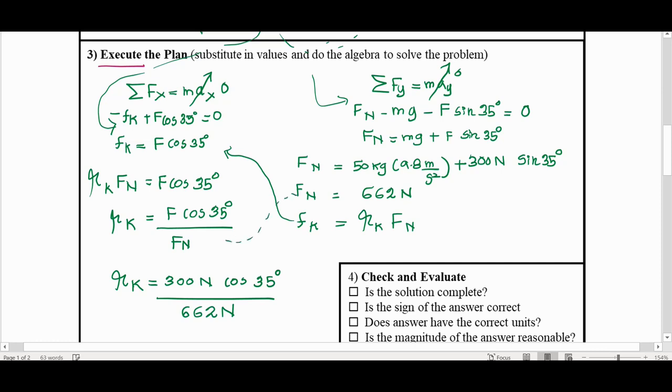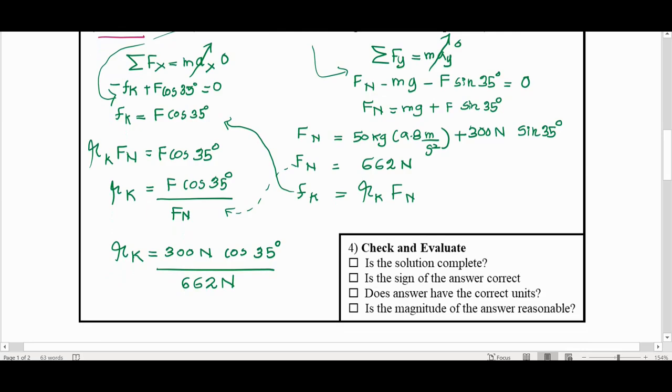If you solve for mu k, guys, you will end up getting 0.371. So that's mu k.